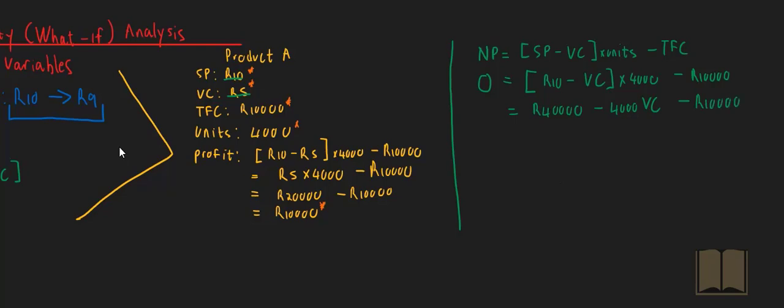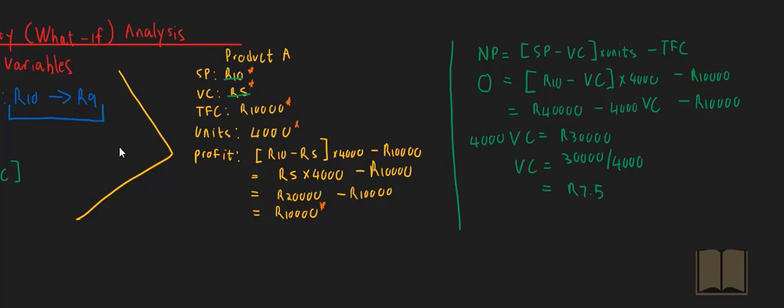So bringing the 4,000 times variable cost onto the other side, 4,000 times variable cost is equal to the 40,000 Rand, which is a positive, minus your total fixed cost of 10,000 Rand. So this gives you 30,000 Rand. So your variable cost per unit is equal to 30,000 Rand divided by 4,000 units. This gives you a variable cost of 7 Rand 50.